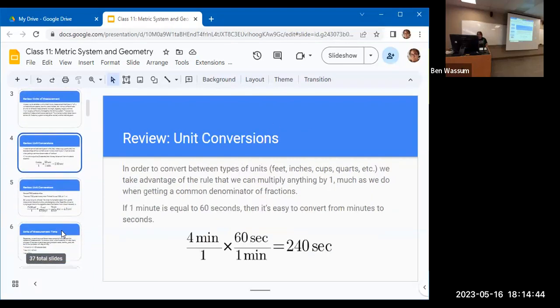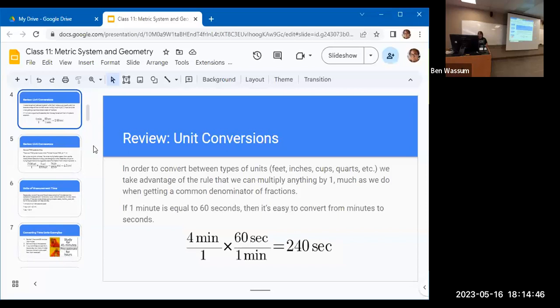So converting them was the tricky part, right? So unit conversions: what you end up doing is you take advantage of the rule that you can multiply anything by 1. So when we use multiplication to convert units, what we're actually doing is multiplying by a complicated looking 1, because 60 seconds is 1 minute.